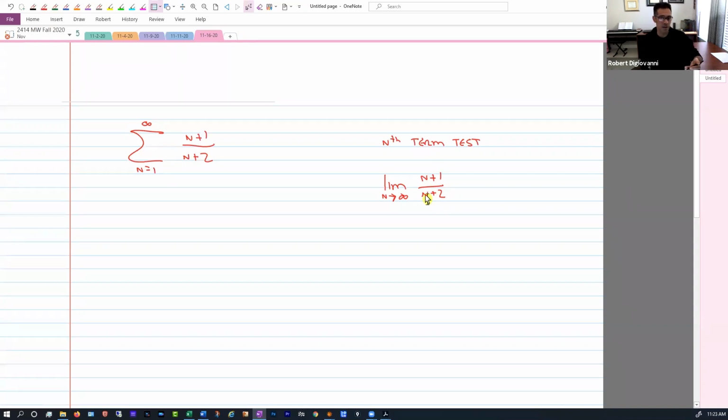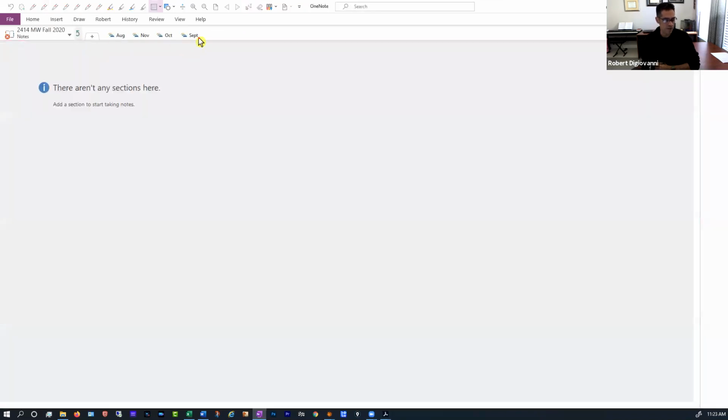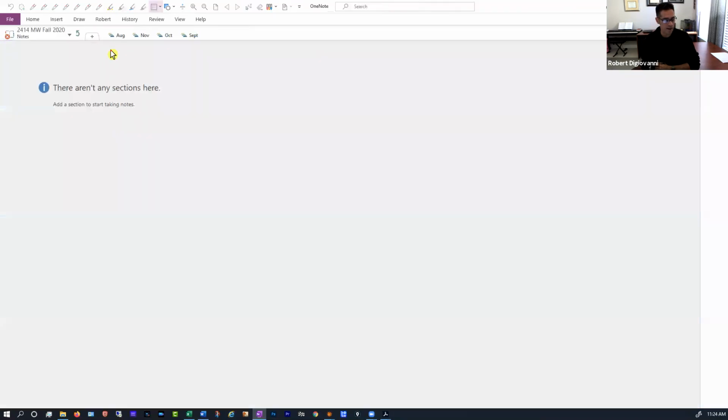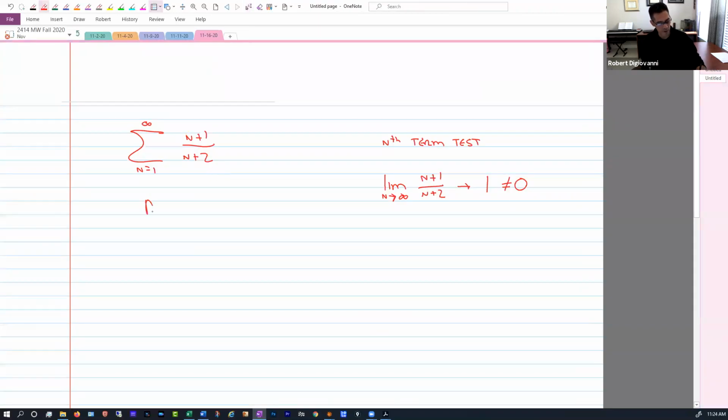We could do L'Hopital, right? And we would figure out eventually that this goes to 1. And 1 is not 0, right? According to the formula sheet, the nth term test says if you take the limit of the sequence and you get something other than 0, then the series diverges. And so we would be done at this point. We would just go back here and say, oh, okay, this diverges. And we're done, all right?